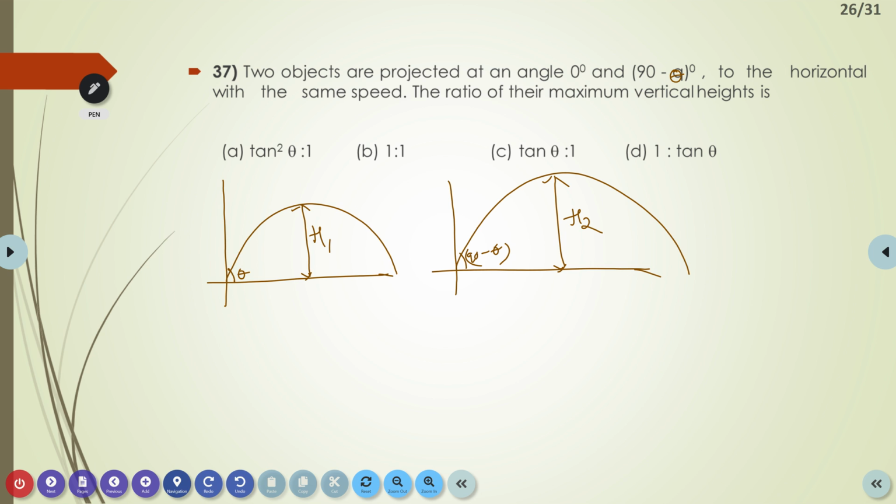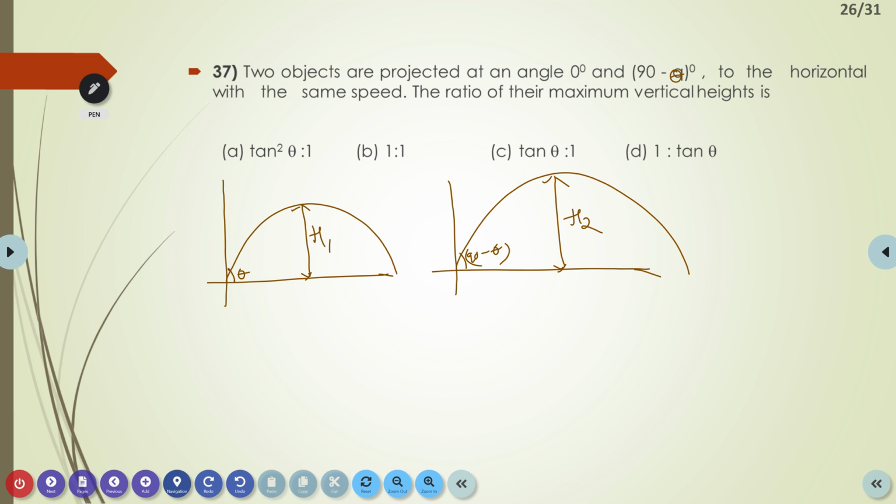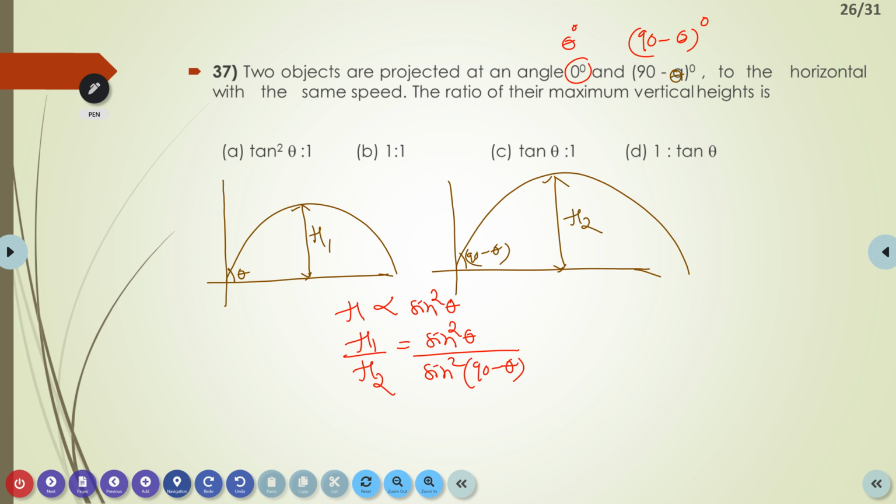One is H1 and another one is H2. Here we know the equation for H in terms of theta, the angle of projection. Velocity is the same. H is directly proportional to sine square theta. Now, H1 divided by H2 equal to sine square theta divided by sine square of 90 minus theta, because the second particle is projected at an angle of 90 minus theta degree and the first one is projected at theta degree.